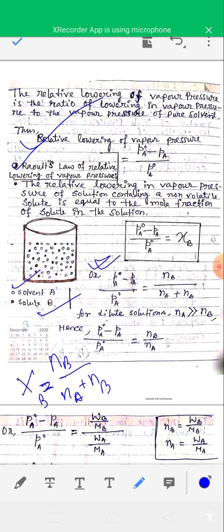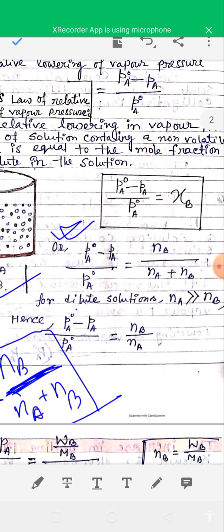Mole fraction of solute will be mole number of solute divided by total number of moles in the solution, that is Nb by Na plus Nb. So you can write Pa naught minus Pa by Pa naught is equal to Nb by Na plus Nb, that is mole number of solute B divided by mole number of solvent A plus mole number of solute B.